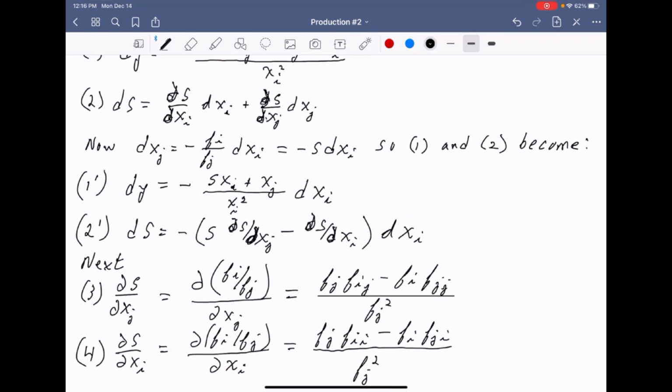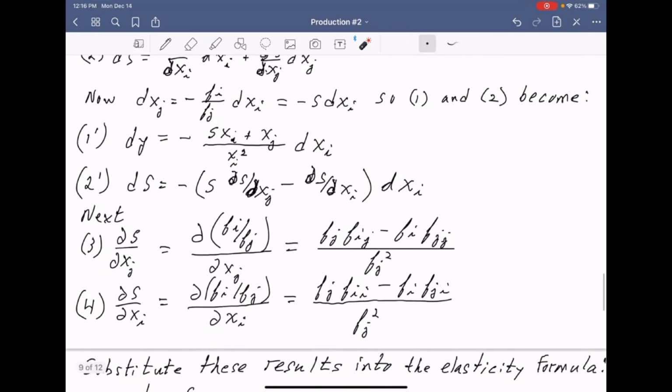And we get that minus s times the partial of s with respect to xj minus the partial of s with respect to xi, all multiplied by the total derivative of xi here.